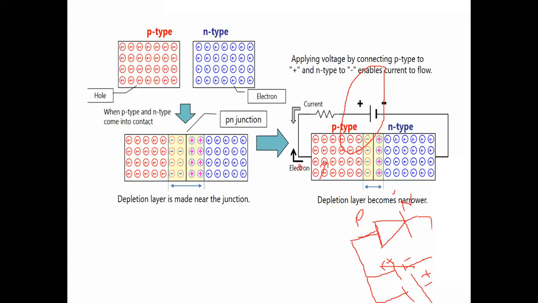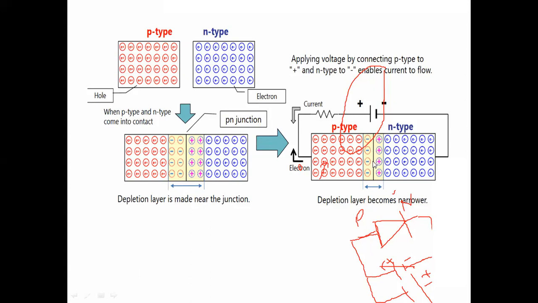Okay, you remember this difference. The summation of the hole current and electron current, we can call the diode current. This diode current occurs due to forward bias.